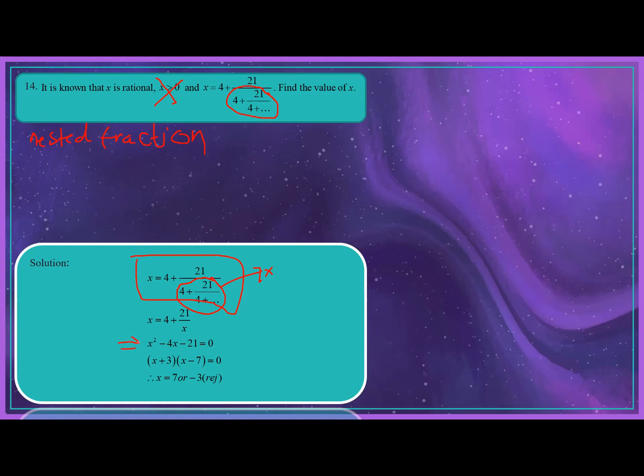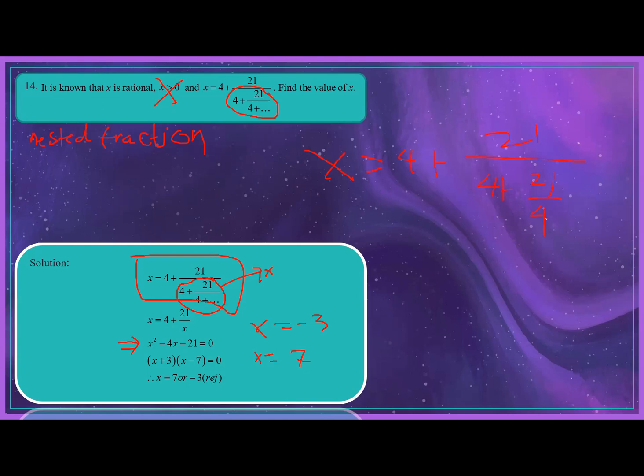Now you have x squared minus 4x minus 21 equals 0. Factoring this and solving for x, you have two values: x equals negative 3 and x equals 7. Now x equals 4 plus 21 over 4 plus 21 over 4, and so on.